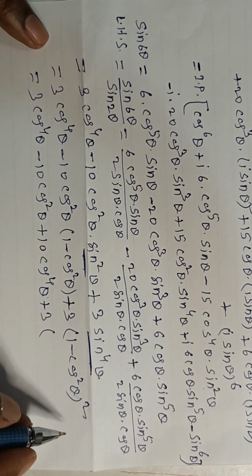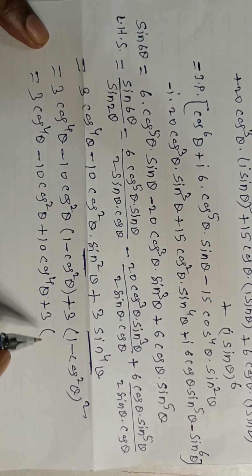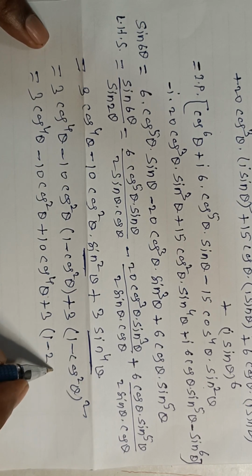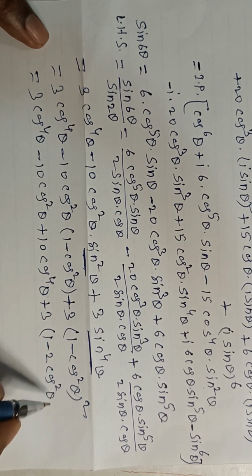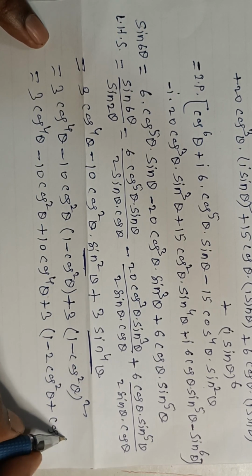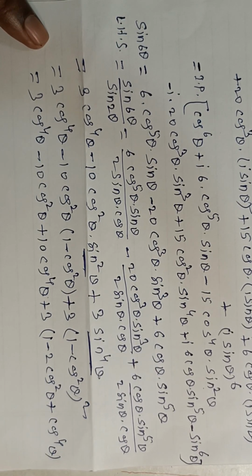Expansion of this, (a minus b) square, that is a square minus 2 times 1 into this, plus square of the second term, that is fourth power of cos theta.